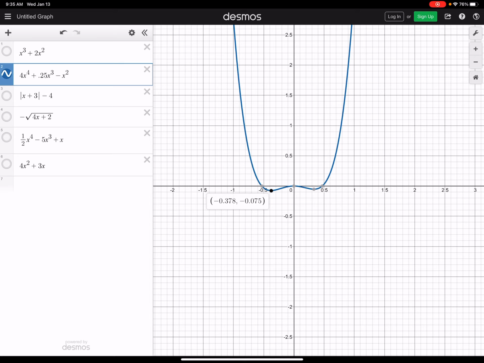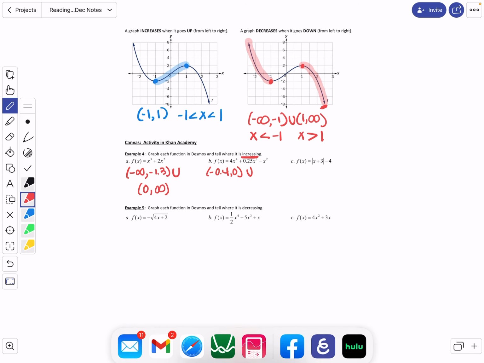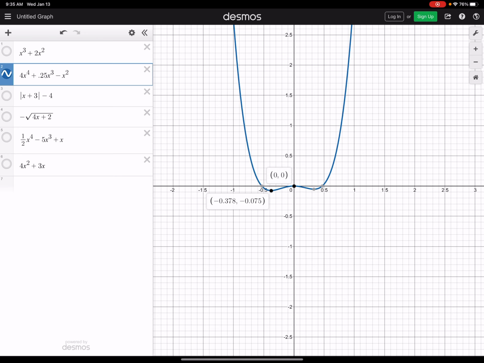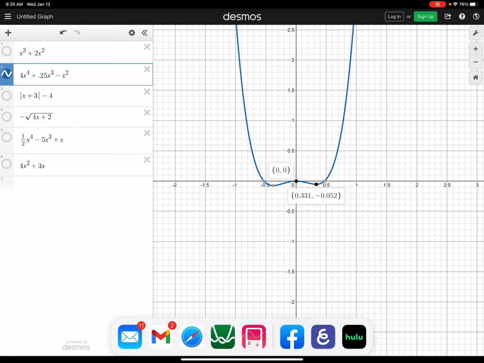And it's going up from -0.4 to 0. And it's also going up. Okay, so this one little part here, from 0 to 0.3, that's going downhill, but it picks back up at 0.3, and then it's going up forever. So it's going up from 0.3 to infinity.